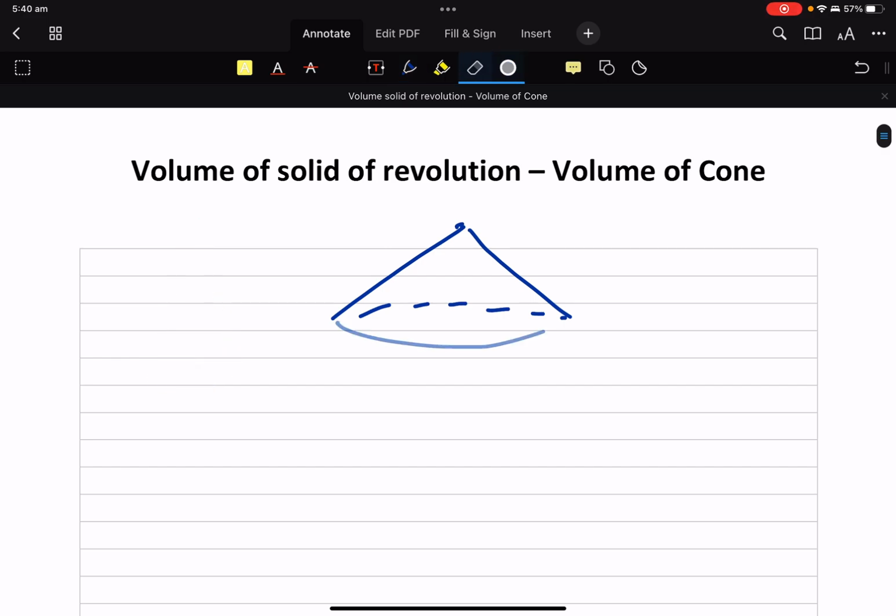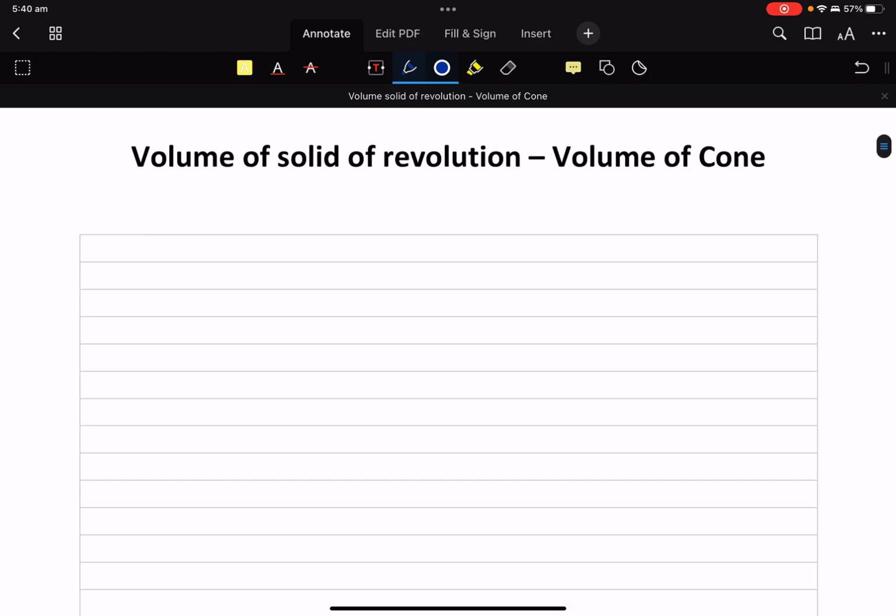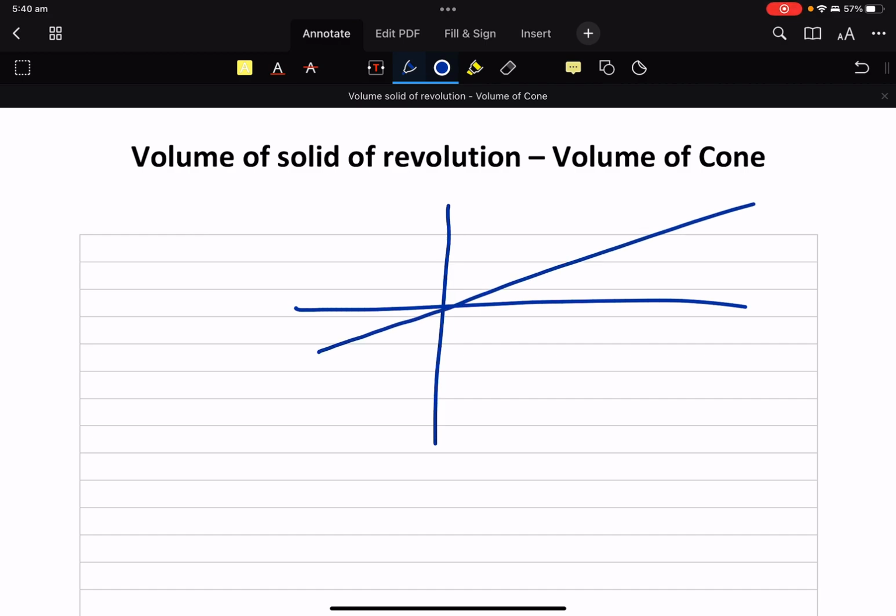Let's think about a cone on its side, and I'm just going to draw. And let's just go, that's sort of the radius of the cone. So I'm going to rotate the cone around the base, around the x-axis, like that, to find the volume.